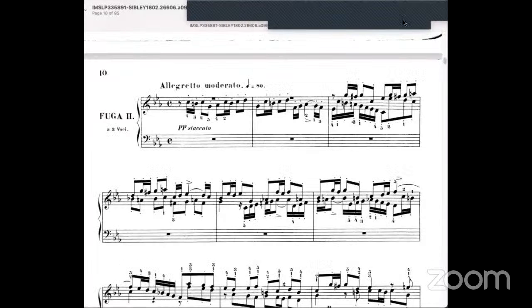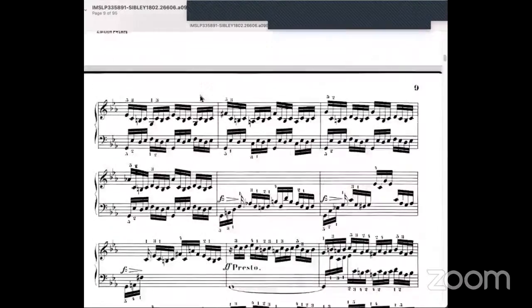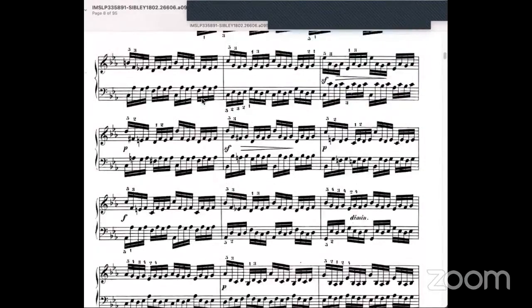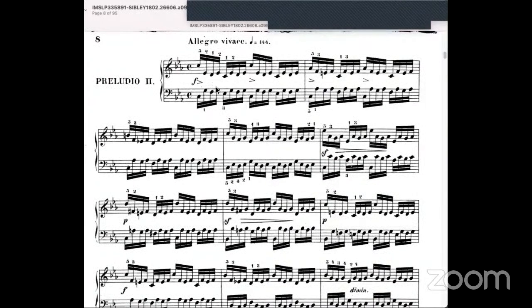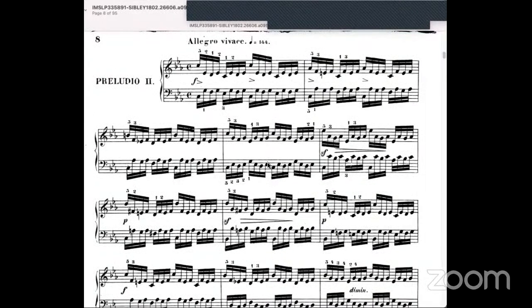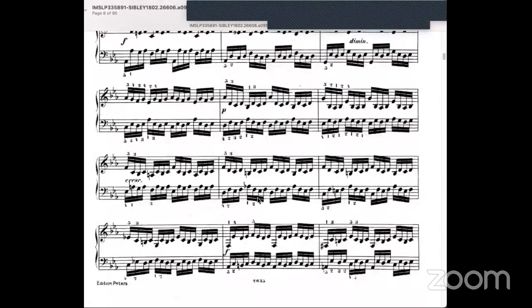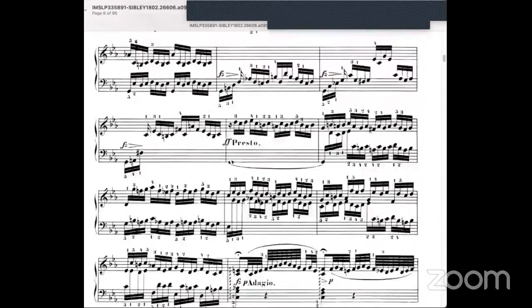András Schiff plays the Prelude, and see, the main rhythm note for the Prelude is the 16th note. See? This edition you hear by the Chorale. That's the Prelude. Let me go directly to the Fugue.